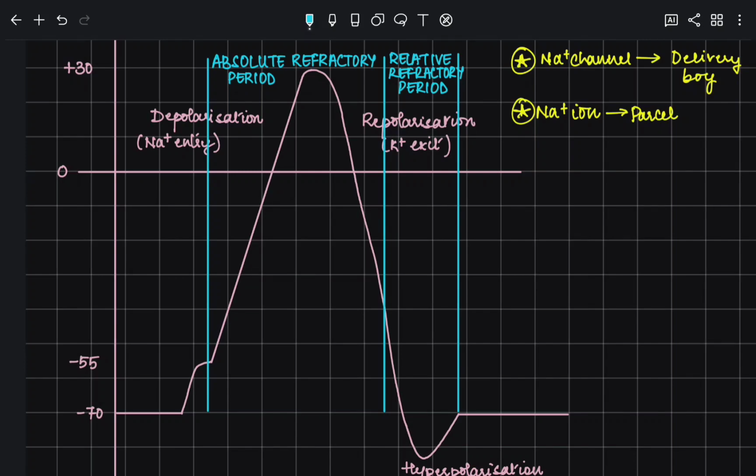Therefore, this period wherein all of the channels or all of the delivery boys are resting is known as the absolute refractory period, regardless of the amount of upgrades or stimulus that you give them.